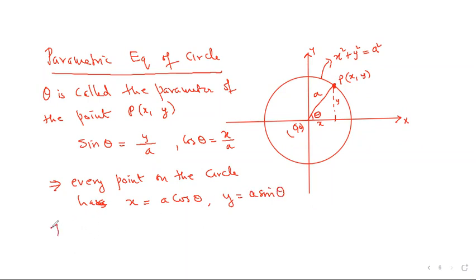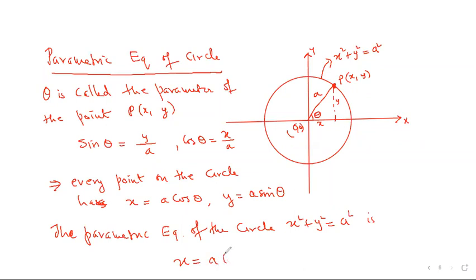Therefore, the parametric equation of the circle x square plus y square equal to a square is x is equal to a cos theta and y is equal to a sin theta.